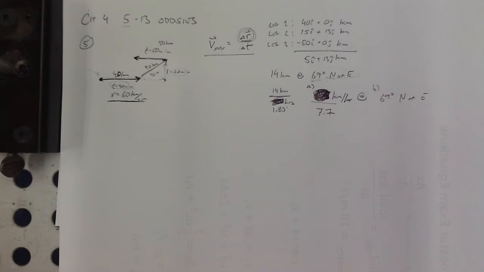And double check. Let's see. Yep. That's good. They have 7.6, but they just rounded somewhere a little differently along the way, so that's all good.